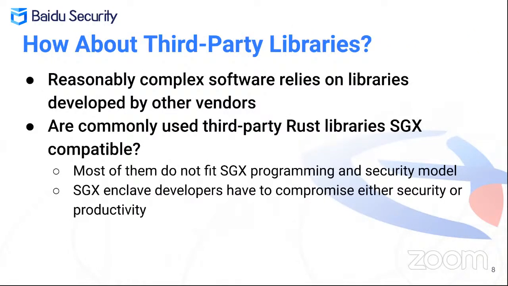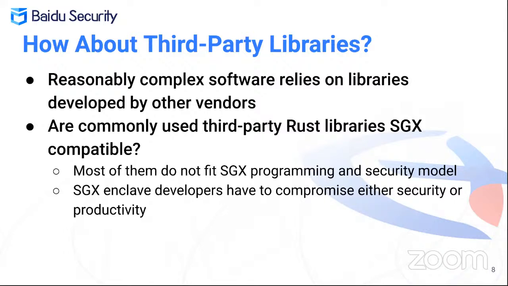But modern software engineering is not just about writing your own code. Nowadays, all reasonably complex software has to be developed on third-party libraries. The question is naturally raised: can enclave developers rely on in-stock third-party Rust libraries?